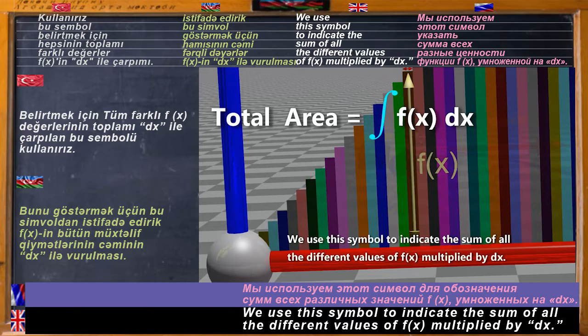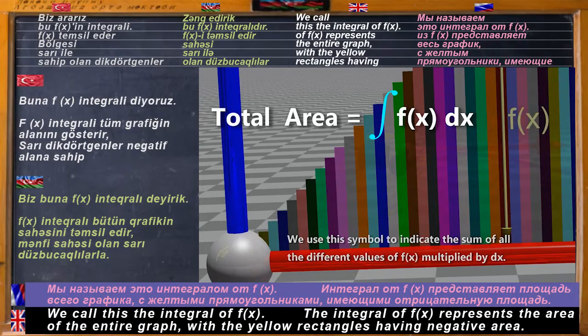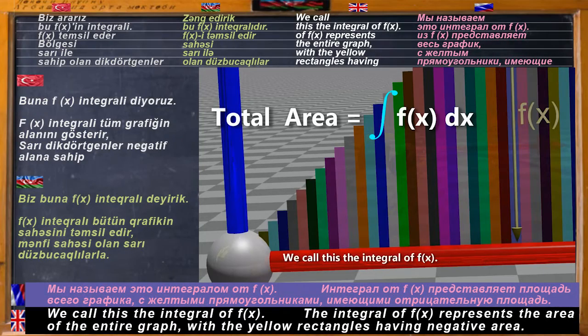We use this symbol to indicate the sum of all the different values of f of x multiplied by dx. We call this the integral of f of x.